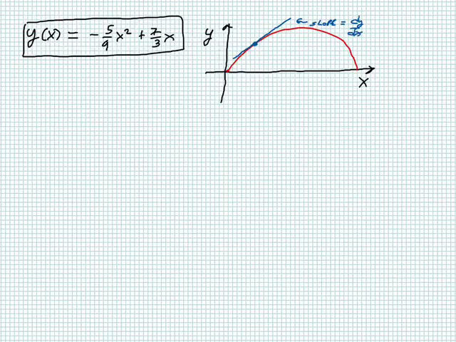So I can just go up to my equation for y and take the derivative. The derivative of y as a function of x is just differentiate it normally. So it'd be minus 5/9 x squared, so the derivative is going to be 2x. That's going to be minus 10/9 x plus 7/3.